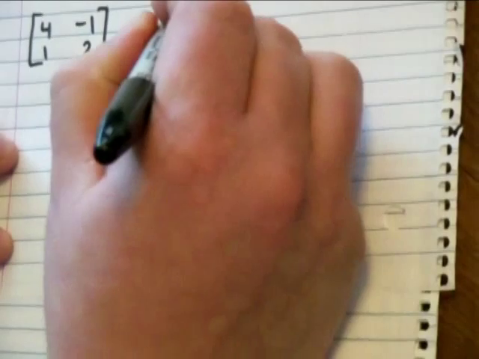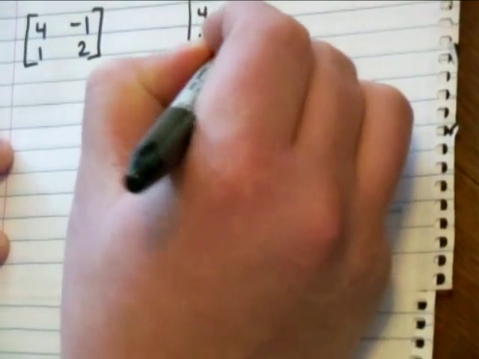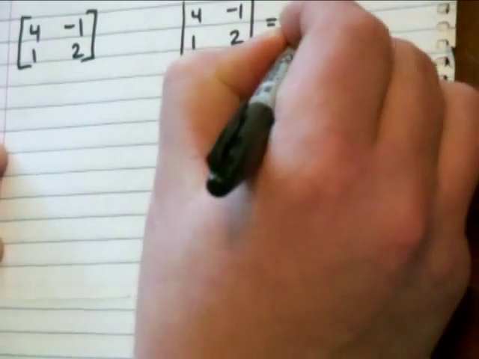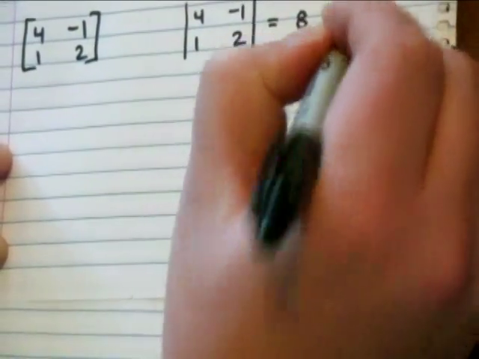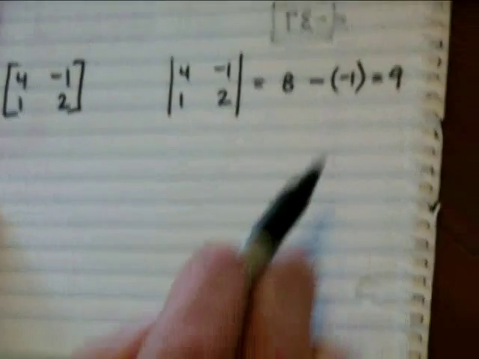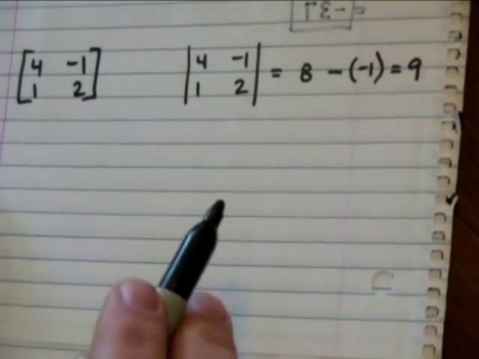The first step is to find the determinant of that matrix. So 4 times 2 is 8, minus negative 1 times 1 is negative 1, so 8 minus negative 1 is 9.